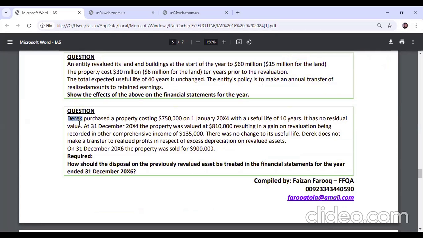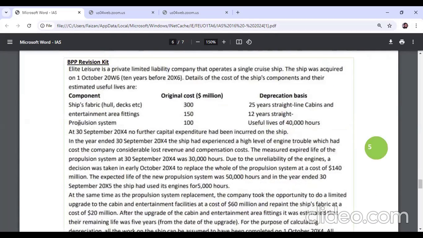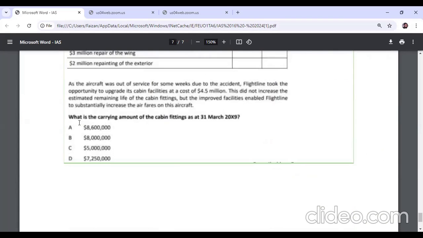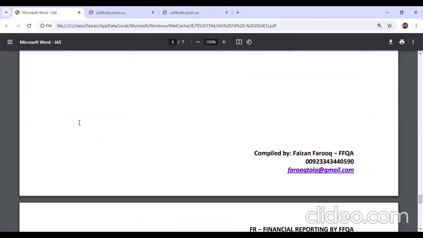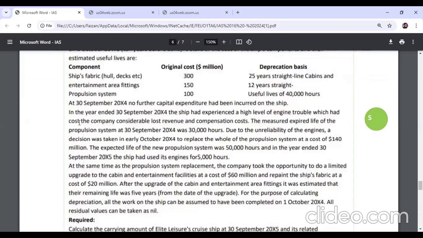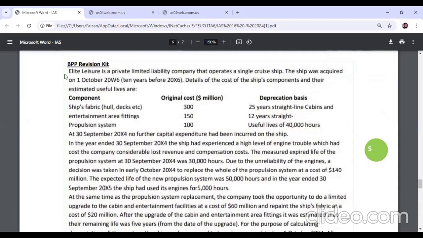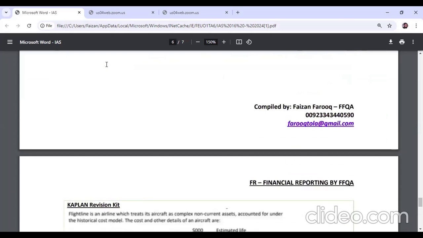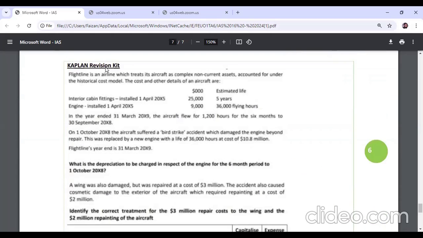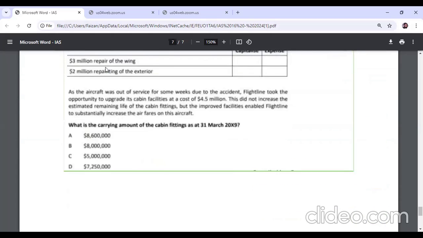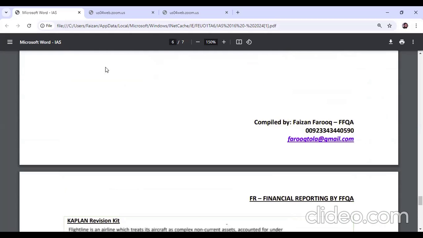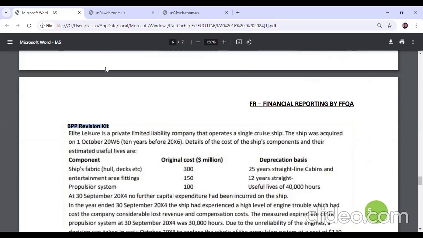This IAS is almost about to finish. I have two questions: one from the BPP revision kit, and the second big question from the Kaplan revision kit. We will do both of them inshallah, and that will be the bye bye for IAS 16.